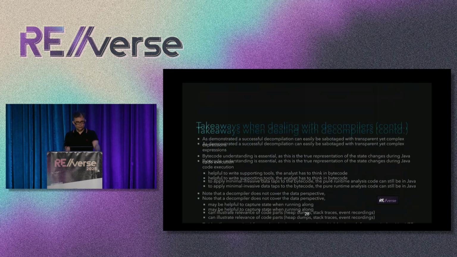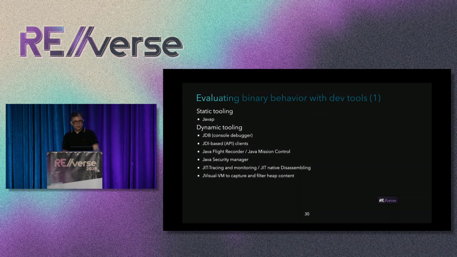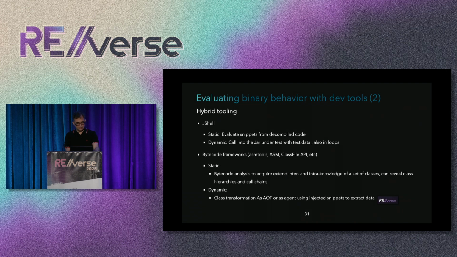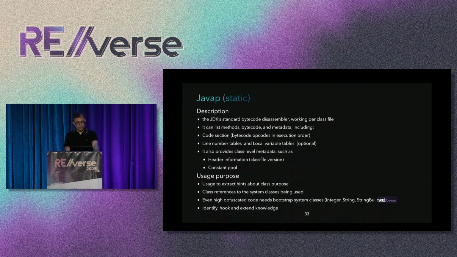So that brings us to the tooling. We have different tooling sections. We have static tooling, we have dynamic tooling. Let's go through each of these and see how they can help us with getting to know what is actually going on in our binaries.